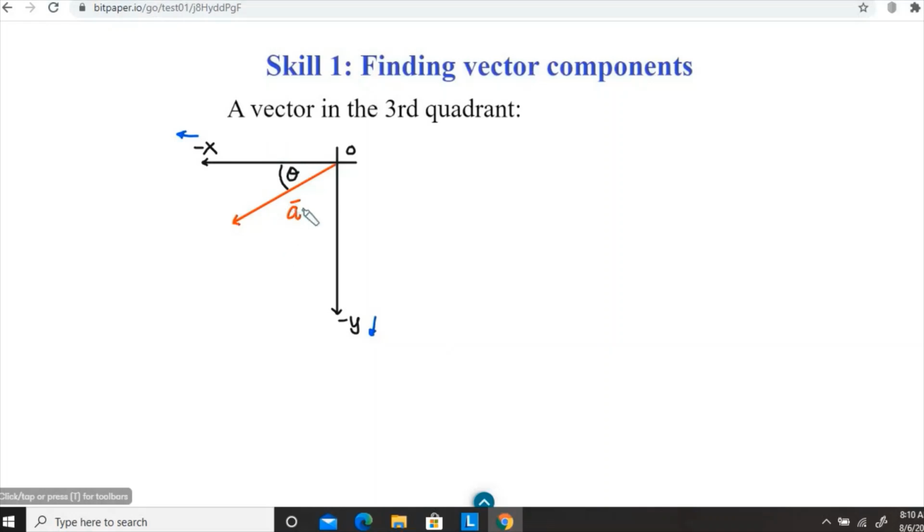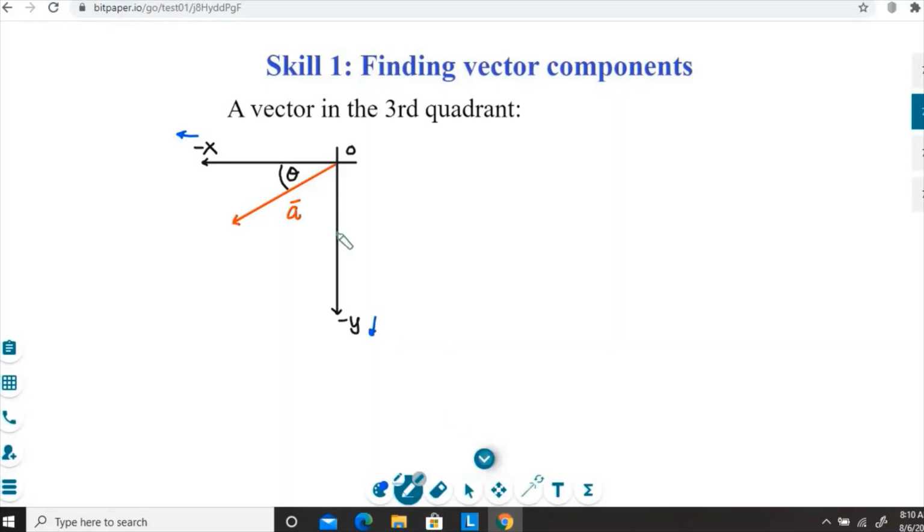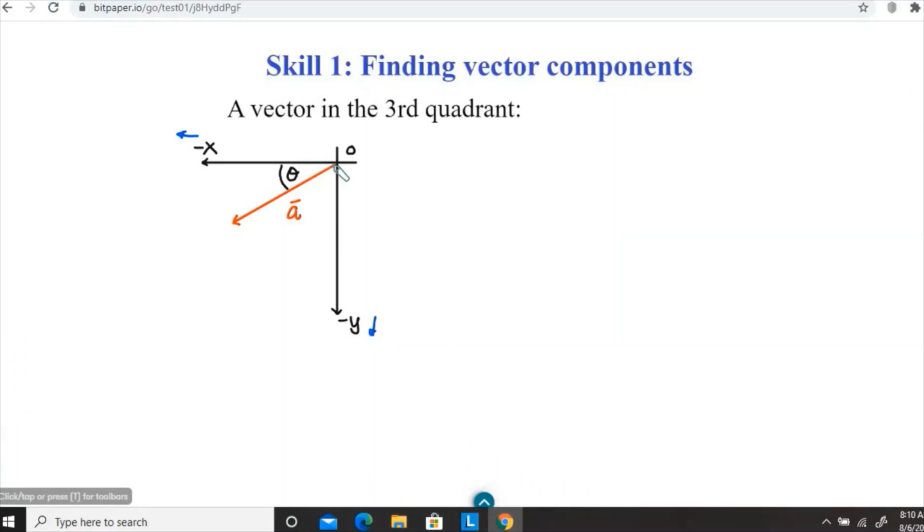Then the important thing, you construct a right angle triangle keeping the magnitude of the vector as the hypotenuse. Then the other two sides are represented by the component vectors. One component vector along the negative x direction like this, then the other component vector along the negative y direction like this.